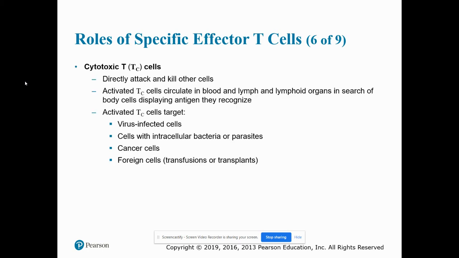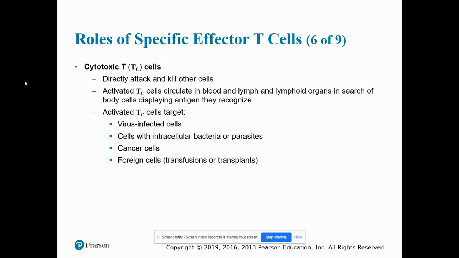So now we're going to talk about cytotoxic T cells. And what they do is they directly attack and kill other cells. Activated cytotoxic T cells do circulate in both blood, lymph, and lymphoid organs. And they're in search of body cells that are displaying the antigen that they recognize. Remember, each cytotoxic T cell is going to recognize one specific antigen.